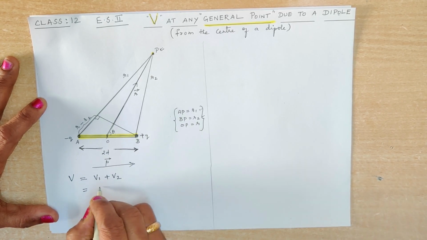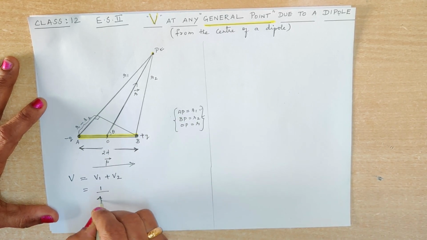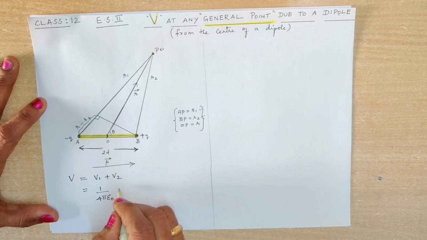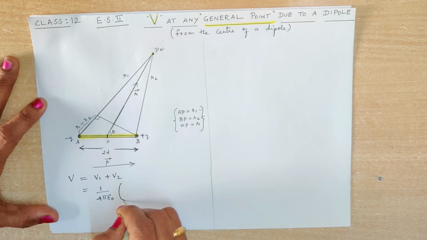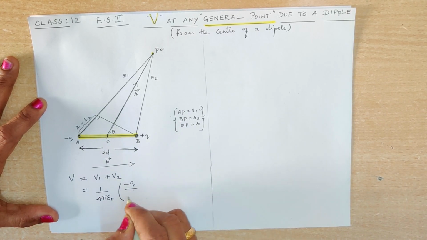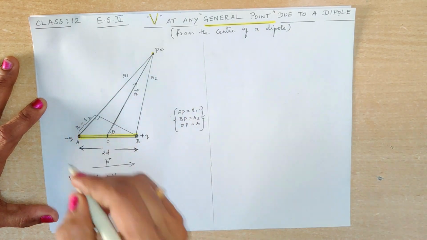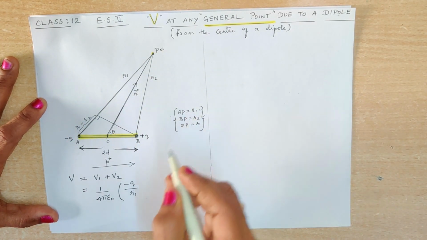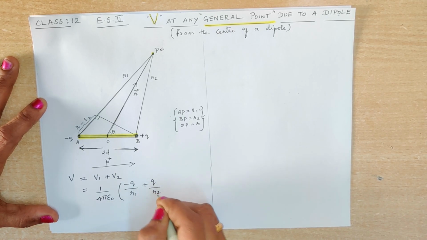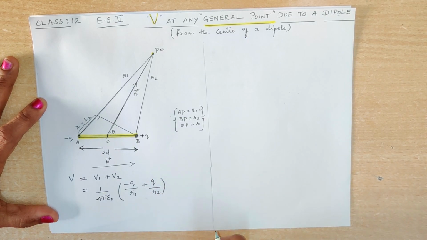We are writing here potential is equal to 1 by 4 pi epsilon 0, taking this common, and inside, minus Q upon the distance of P from here, which is R1, as we have written here. And V2 is due to plus Q, and the distance is R2, as we have assumed before.